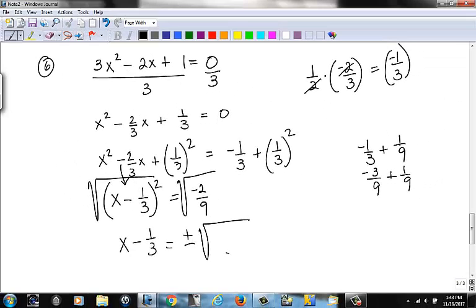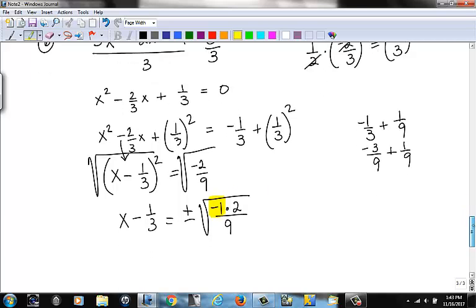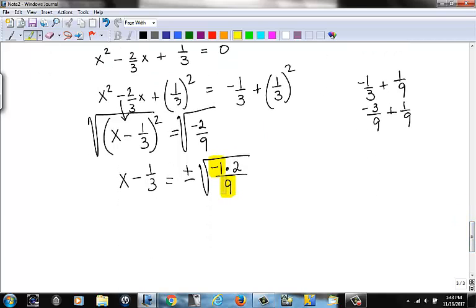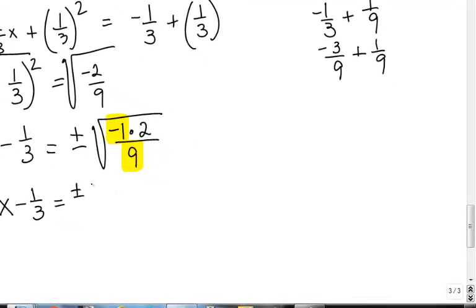Now I split this up. Negative 2 is negative 1 times 2. So out of this I can take out an i, and out of the denominator I can take out a 3. So I have x minus 1/3 equals positive or negative i radical 2 all over 3.